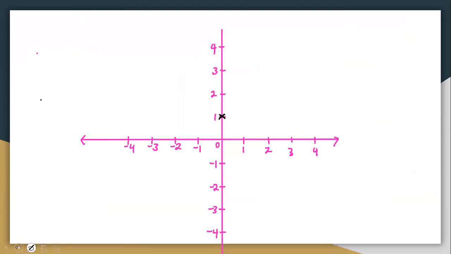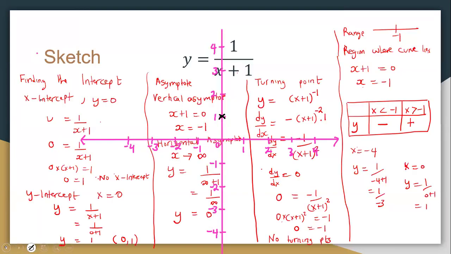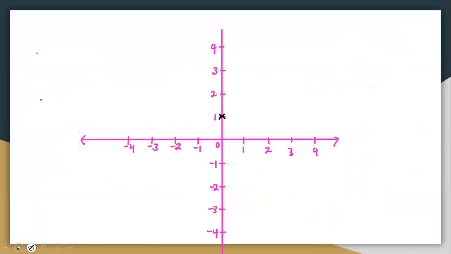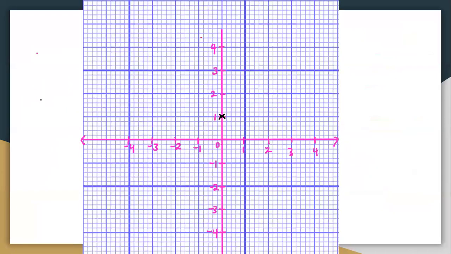I go back to another thing I'm supposed to get. You notice that we had a vertical asymptote, x is equal to -1. Now I'll come here and say x is equal to -1. This is -1, so it should be a vertical line. So I'm going to draw that vertical line in that form.